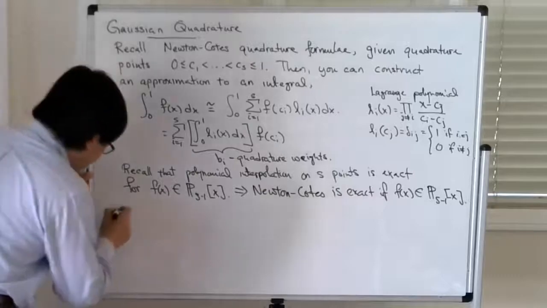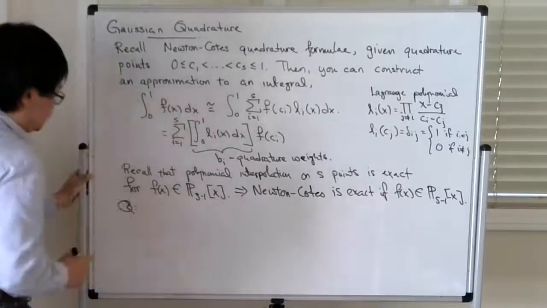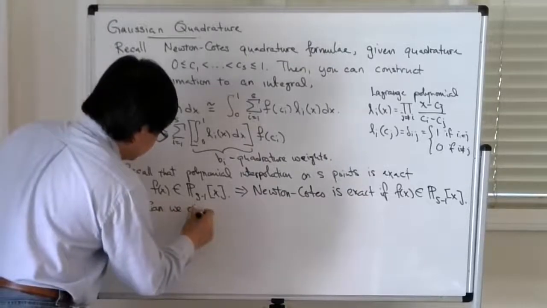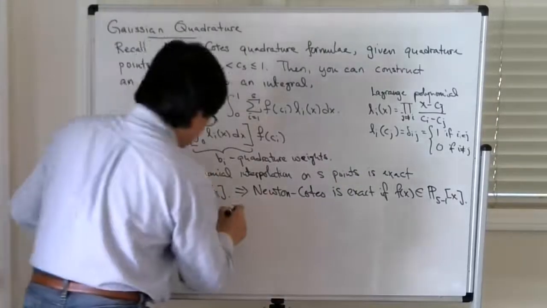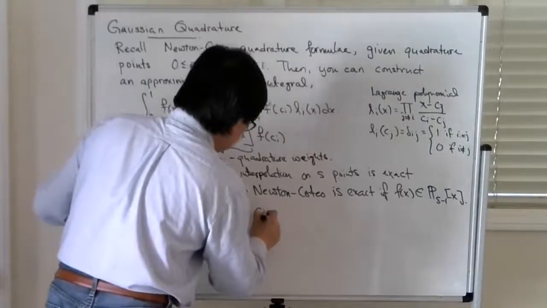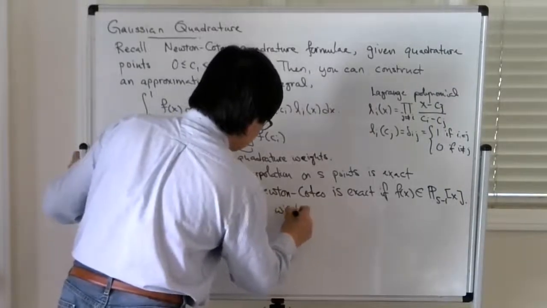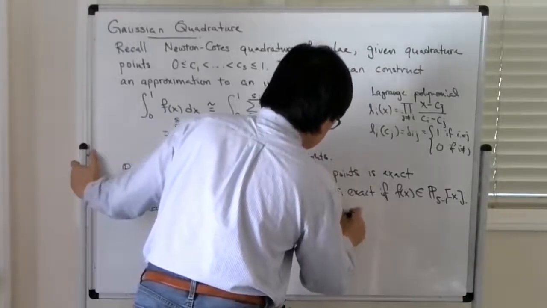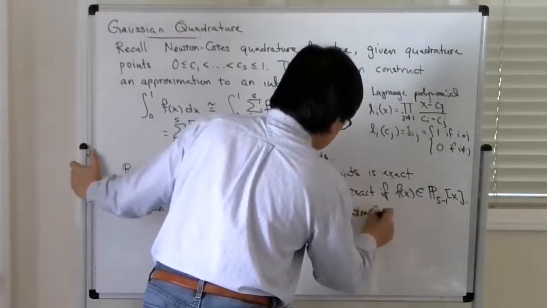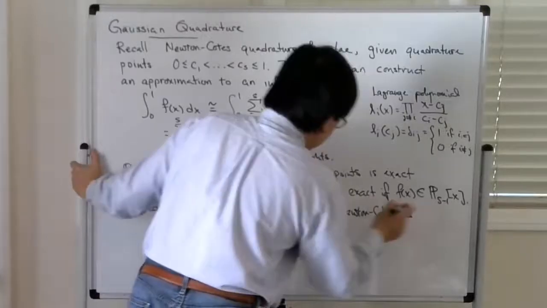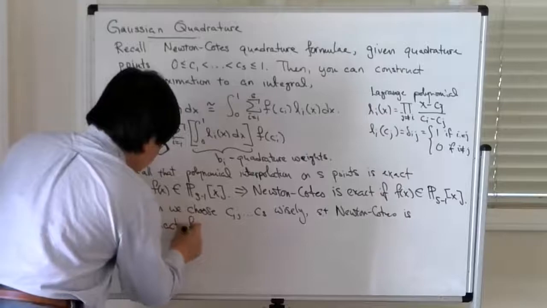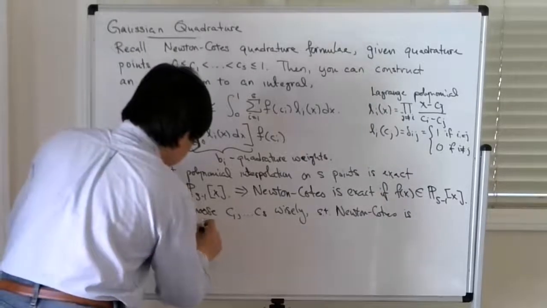So you can ask the following question: can we choose the c1 to cs wisely such that Newton-Cotes is exact for higher degree polynomials?